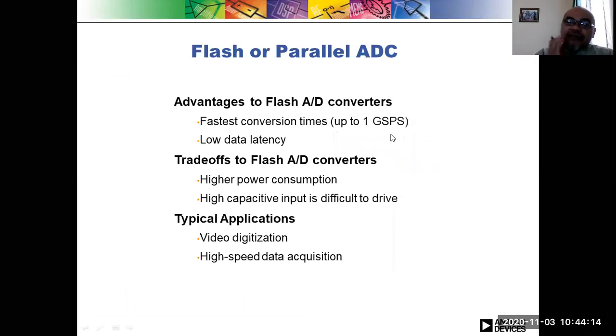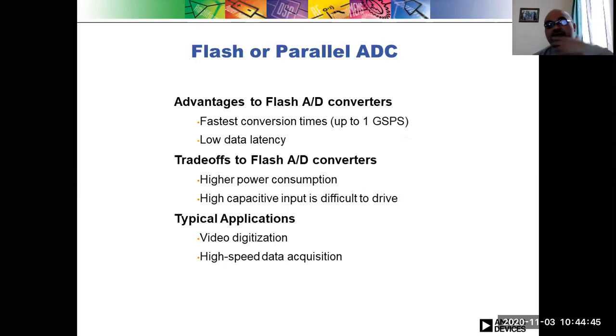So the advantage is that it has the fastest conversion time because everything is done in parallel. In successive approximation, it's done recursively, serially. First it approximates the most significant bit, then in the second clock the second bit, the third clock the third bit, etc. With pipeline, it is a little bit faster, but it is divided into two.